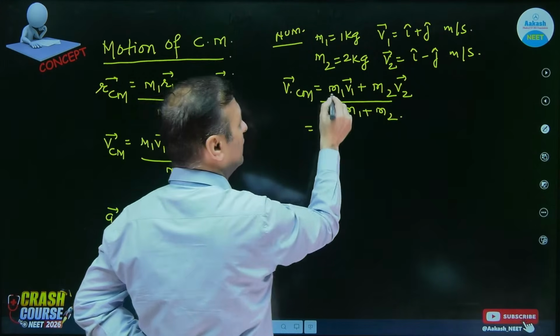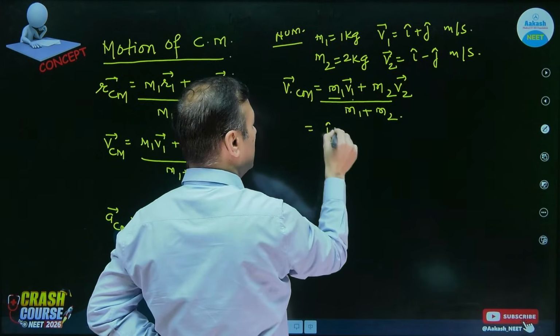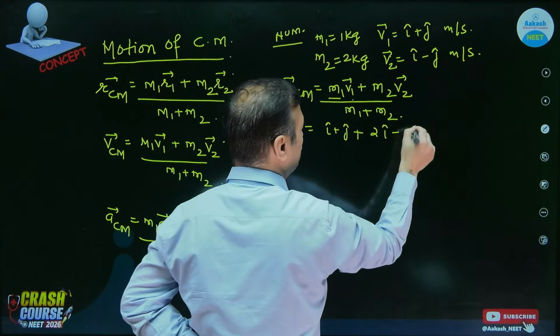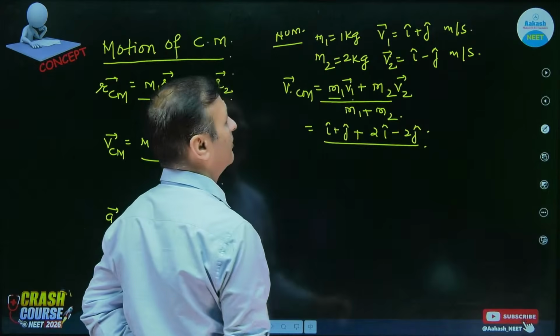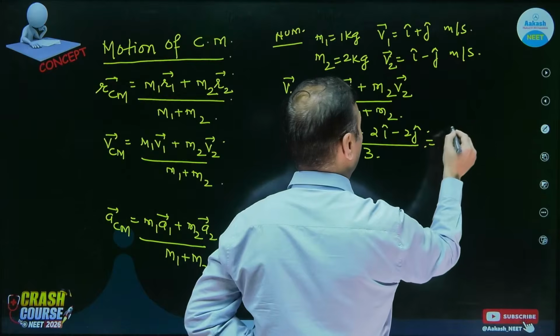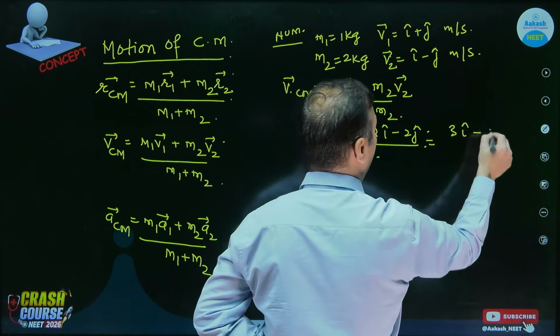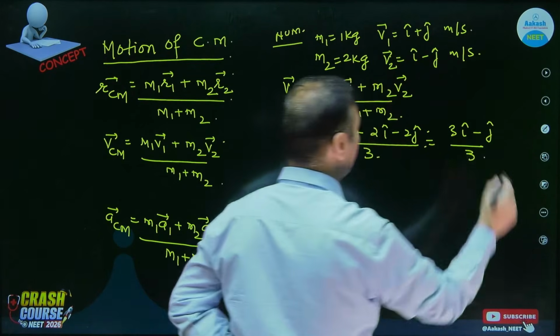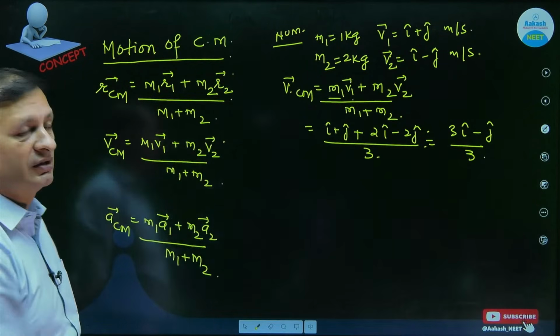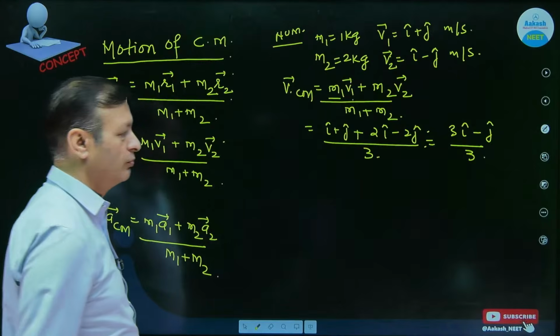So m1 is 1, giving i plus j, and the other becomes 2i minus 2j, divided by m1 plus m2, which is 3. So that means 3i minus j by 3. That is the velocity of center of mass. You just put the values in the formula.